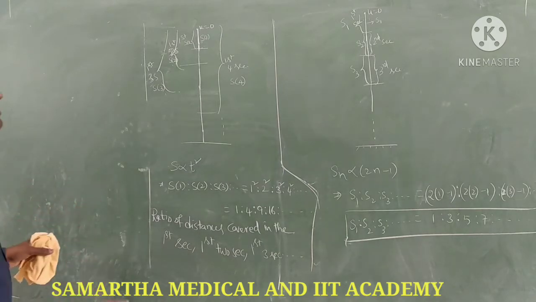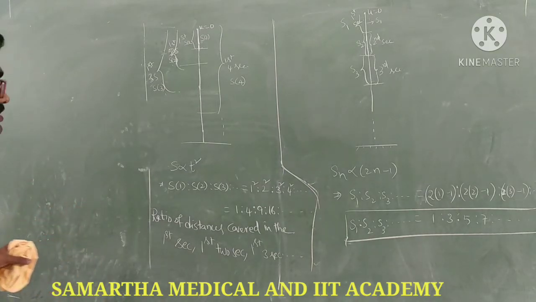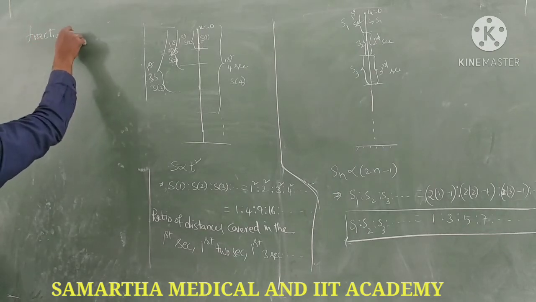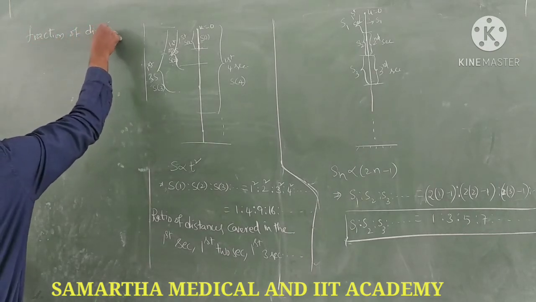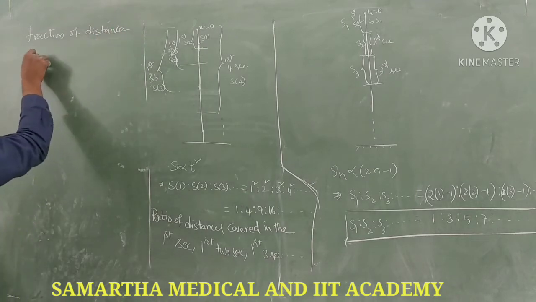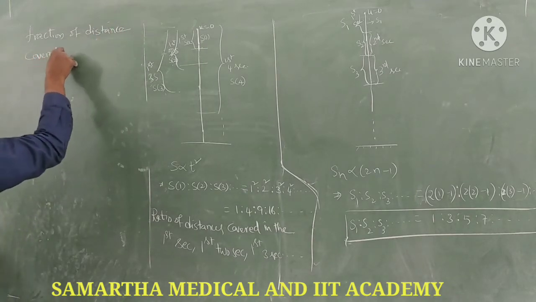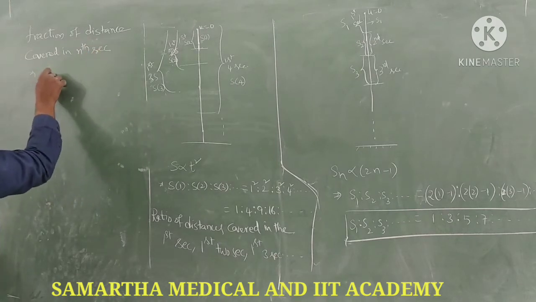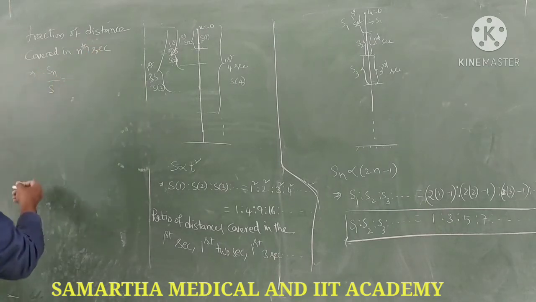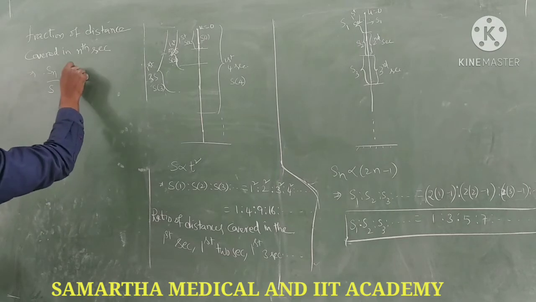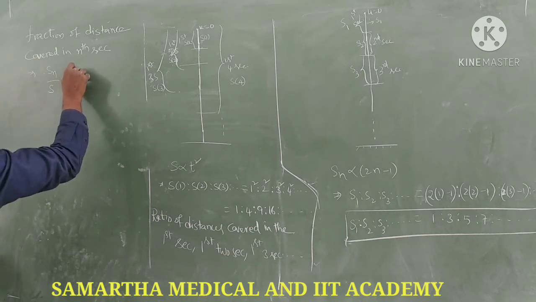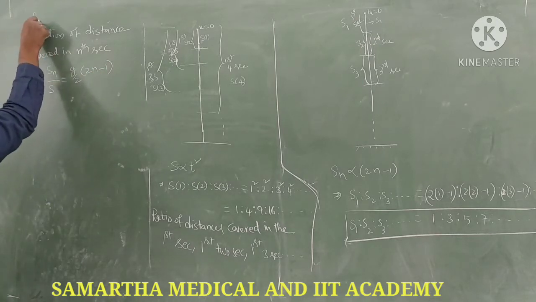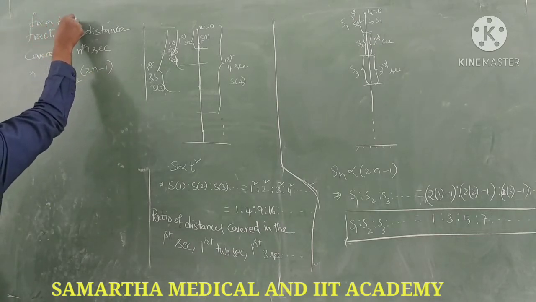The fraction of distance covered in a particular nth second. Fraction of distance covered in the nth second is Sn by S, equal to what? We are getting Sn is equal to G by 2 into (2n minus 1) for a freely falling body.